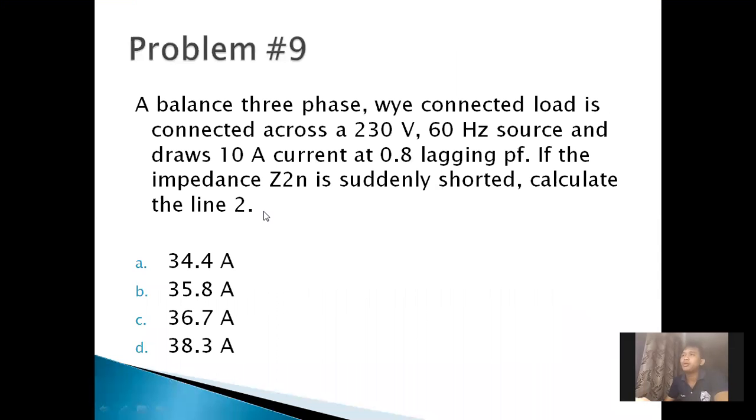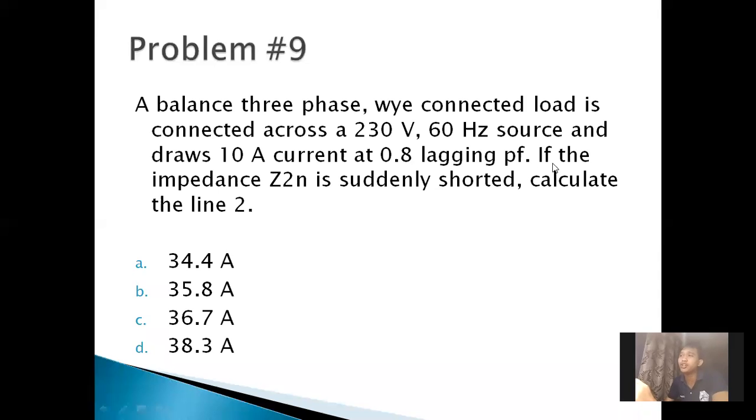So, for our sample, a balanced three-phase Y-connected load is connected across a 200 volts, 60 hertz source and draws 10 amperes current at 0.8 lagging PF, or the power factor. Take note of the 0.8 lagging power factor, 10 amperes, and also the 230 volts.